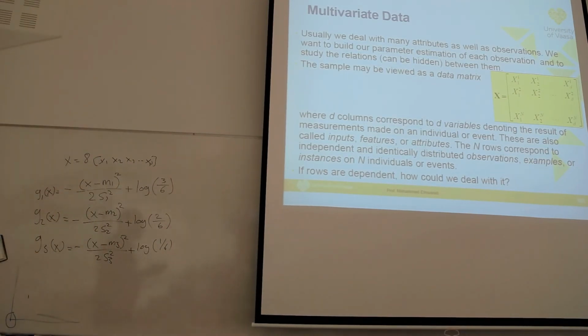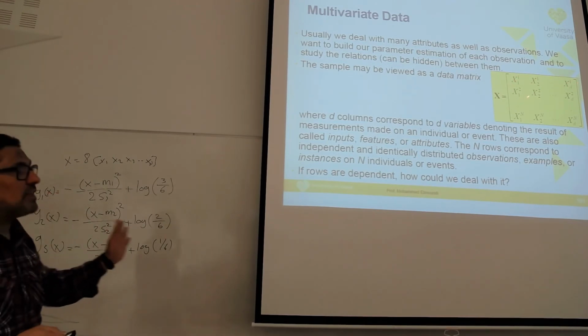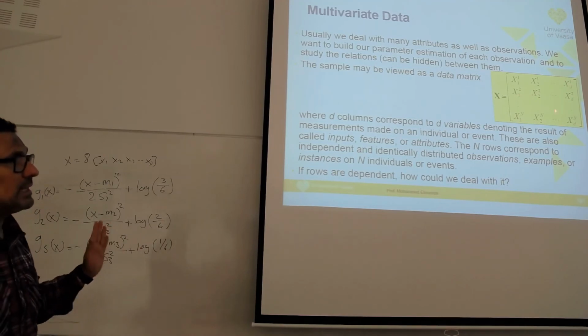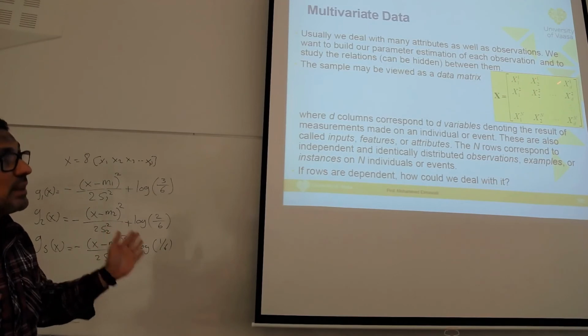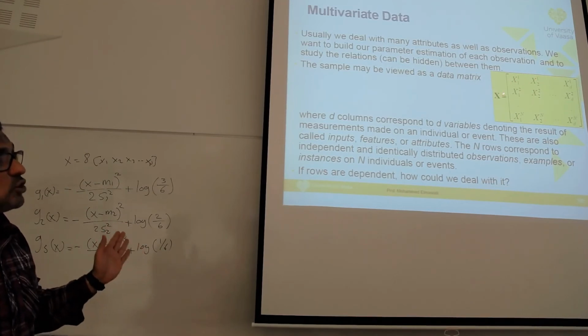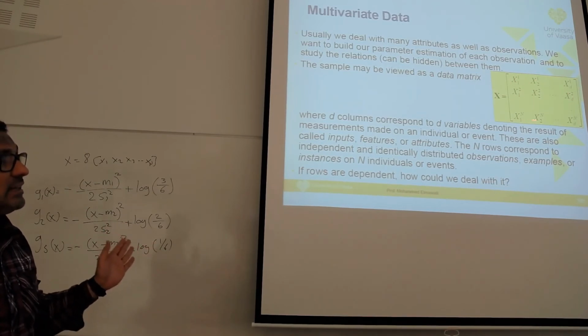We continue. So here we have multivariate data. We have X, like now you can see that we have X1, X2 until XD. So the dimension of the attributes is D. This is the elements, for example, the first customer parameters, the second customer parameters, until n customer parameters.